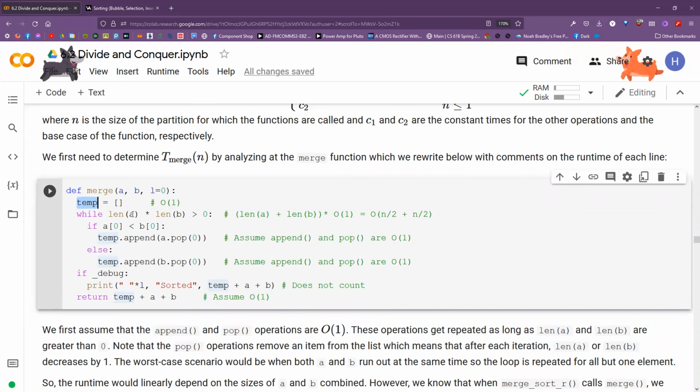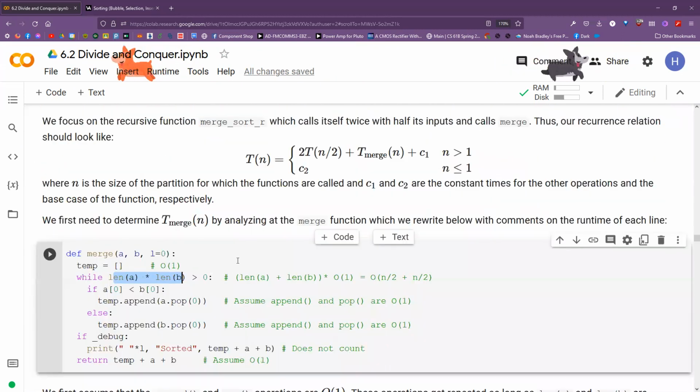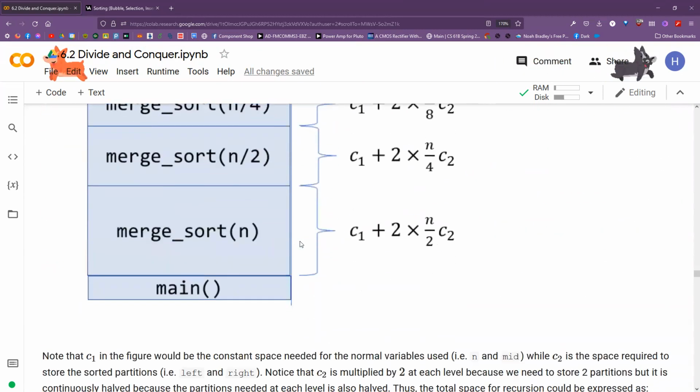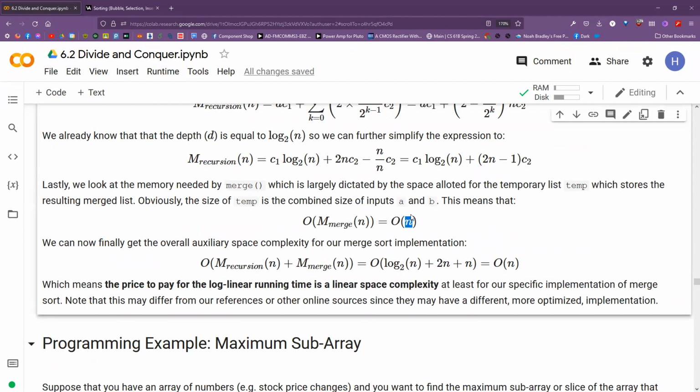And you can predict naman na yung overall length ni temp at the worst case is yung combined length ni A at B. Kasi nga, di ba, nililipat natin yung elements ni A at B din sa temporary list. Eh, since si A at saka si B is just yung dalawang partition, so at the worst case, yung ating space complexity for it is O of n.